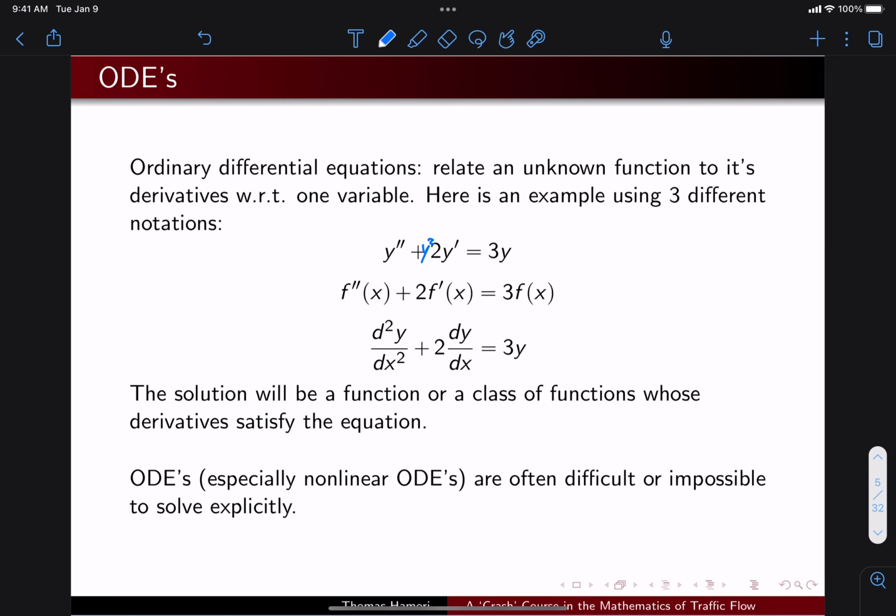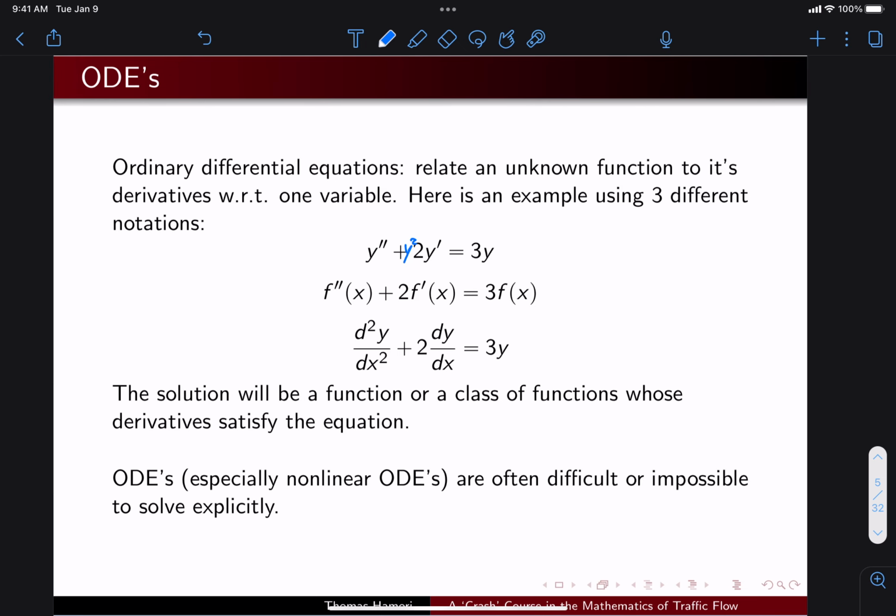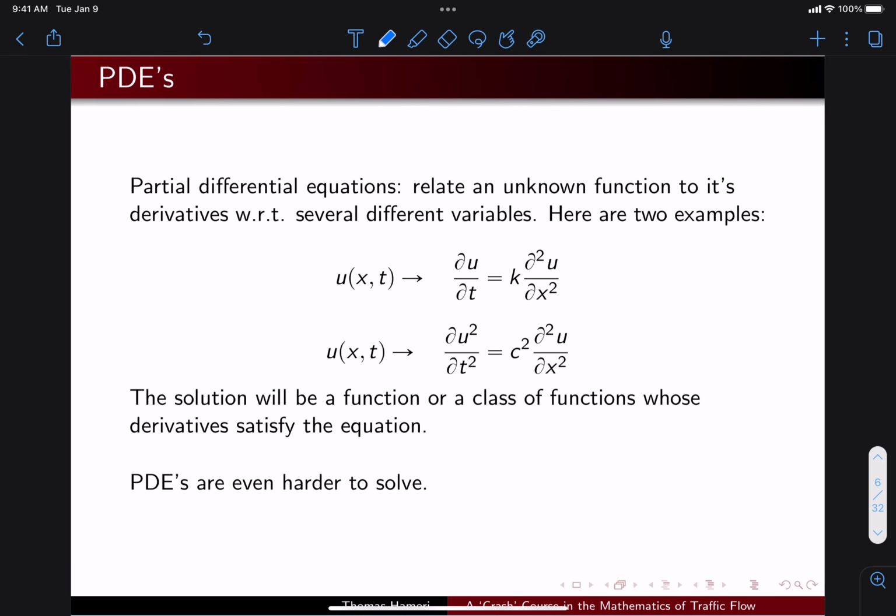They're often either extremely difficult or maybe even impossible to solve explicitly. So people come up with all sorts of approximations and things like that that they can use to solve them instead.